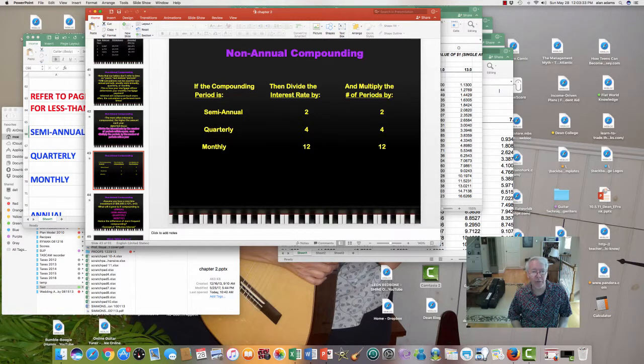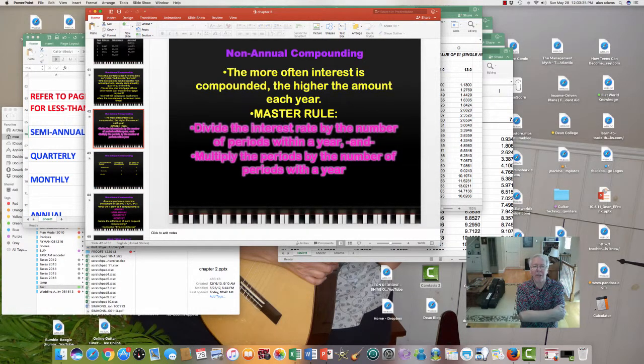So here's the secret. The master rule is this. You are going to take our 2 factors, the interest rate and the time. You're going to divide the interest rate by the number of periods that happen in a year, and you're going to multiply the number of years by the number of periods that happen in a year. What does that mean in plain English?